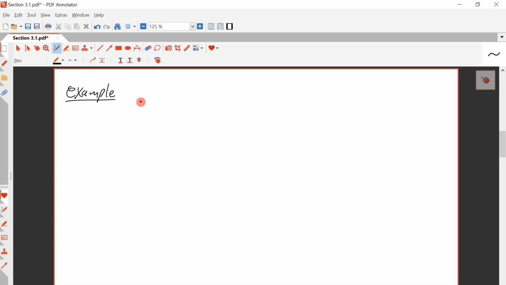If we say x is equal to 3 cosine t, y is equal to 2 sine t, right? Well, what does this represent?